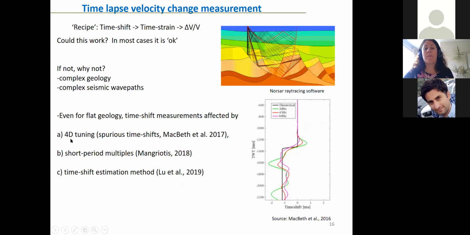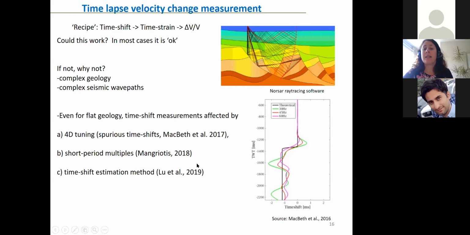So if you've heard of 3D tuning, it's when your seismic reflection from the top of a layer and a seismic reflection from the bottom of your layer are interfering. We also have what we call 4D tuning, which are spurious time shifts caused by this movement of top and bottom times of reflections between baseline and monitor.